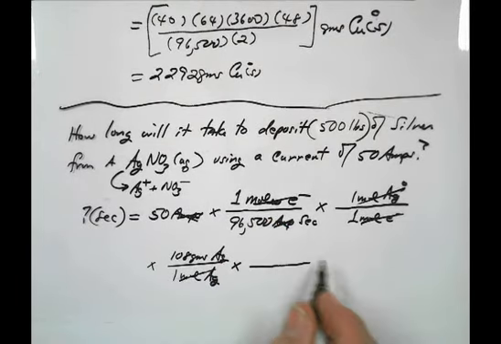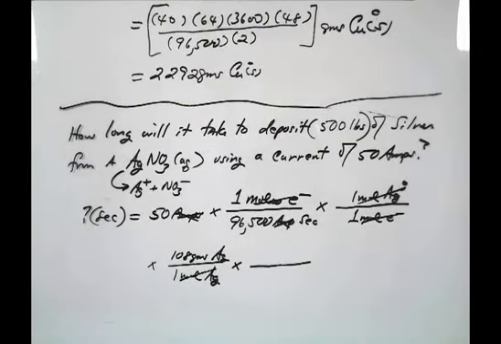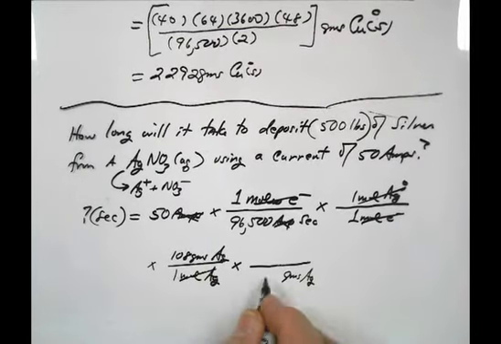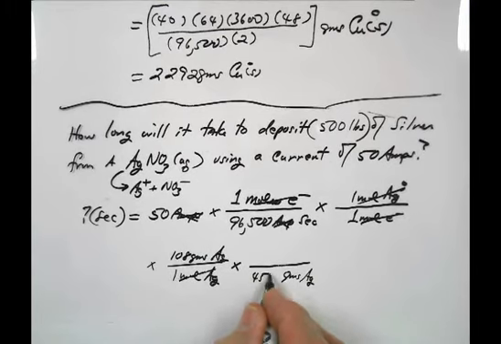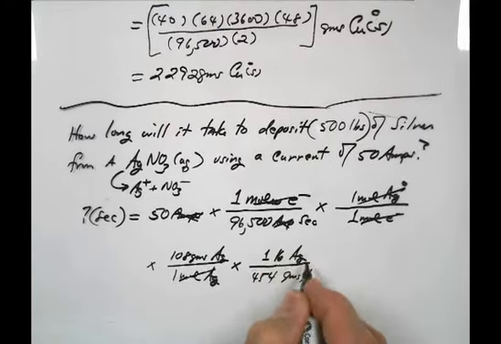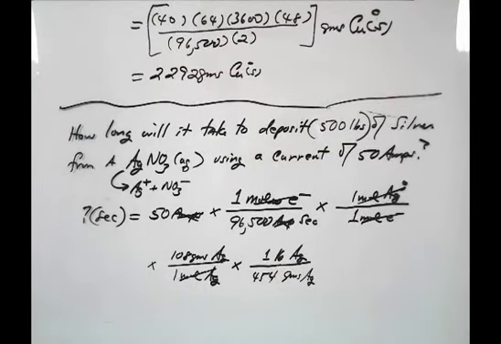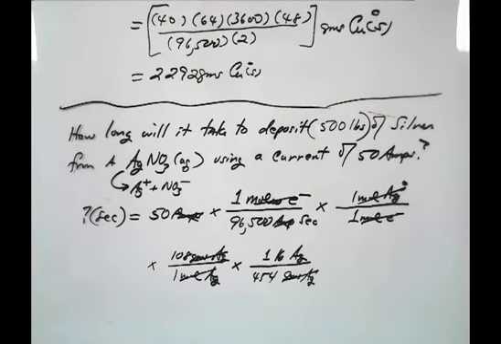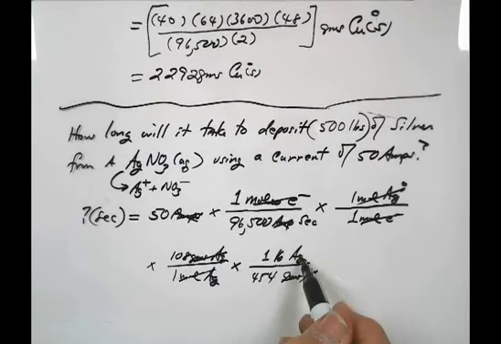Now I need to convert grams to pounds. So I have grams of silver. That's 454 grams is 1 pound of silver. I got that off the conversion. 1 pound is 454 grams. So now, get rid of grams. Now I'm in pounds of silver per second.